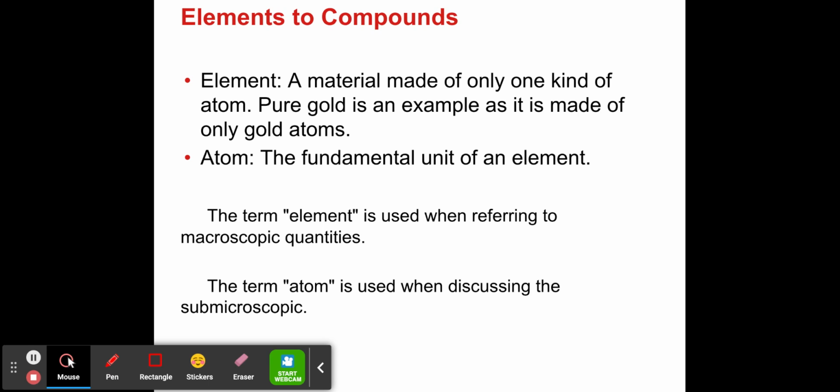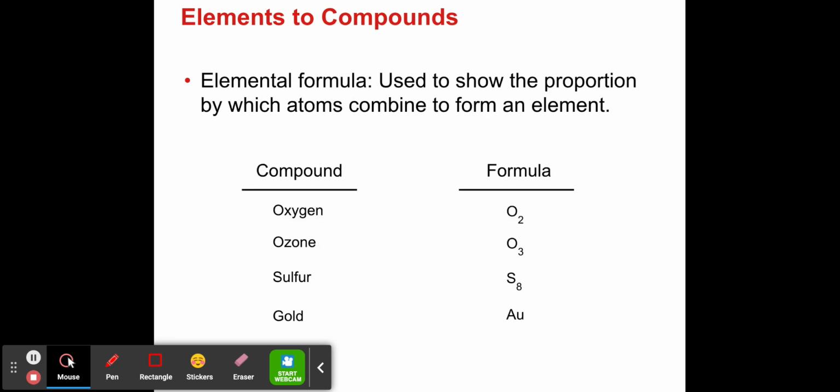No matter how small it is, under a microscope at least they will be visible. But with submicroscopic, it is quite difficult to see through a simple microscope. You have to have a very powerful microscope, such as an electron microscope, to be able to see submicroscopic particles.